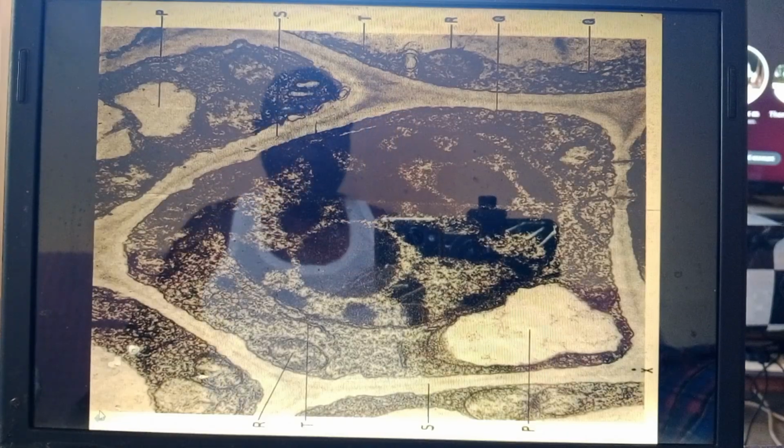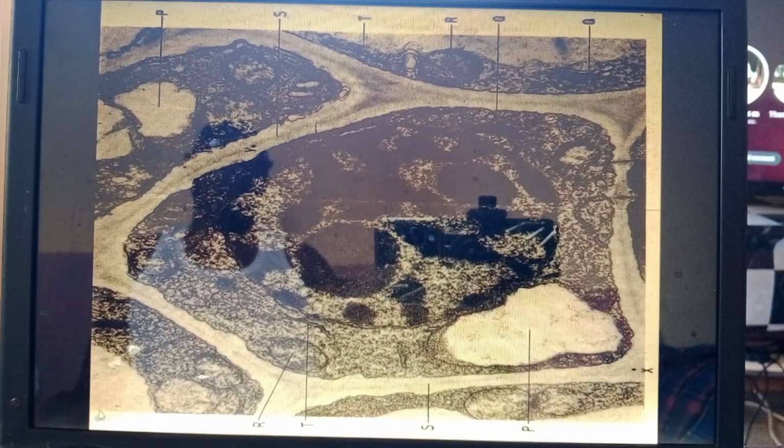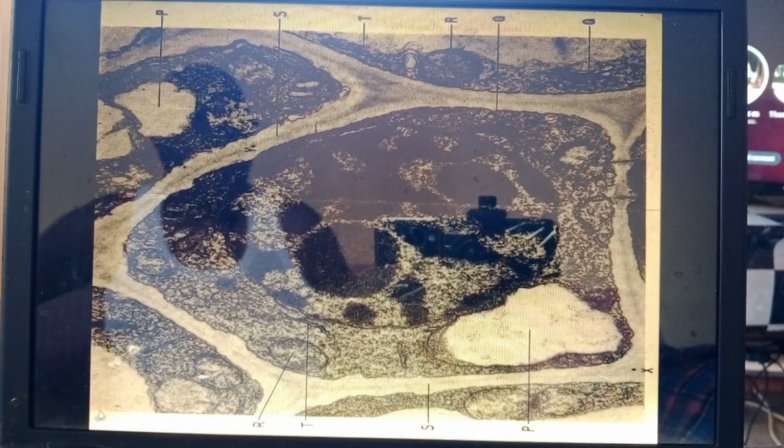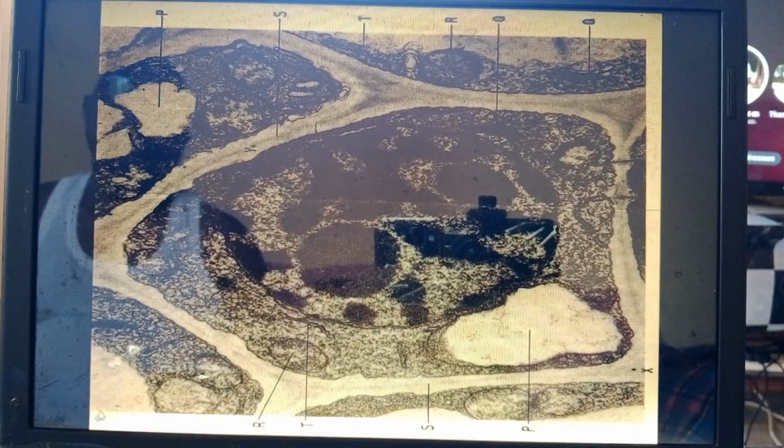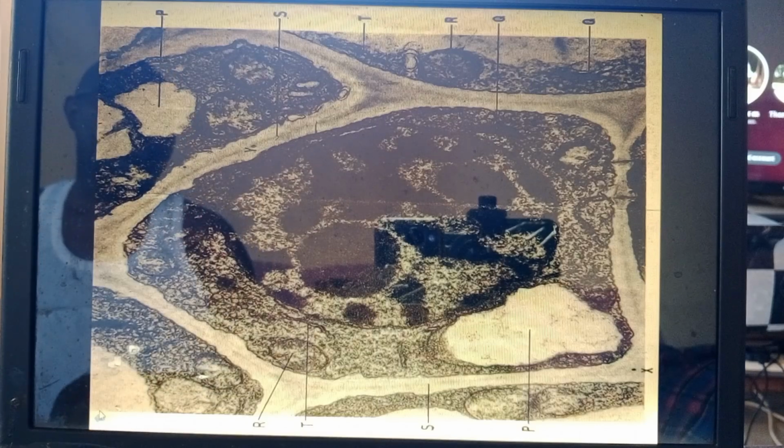So, we have the specimen for question 2.